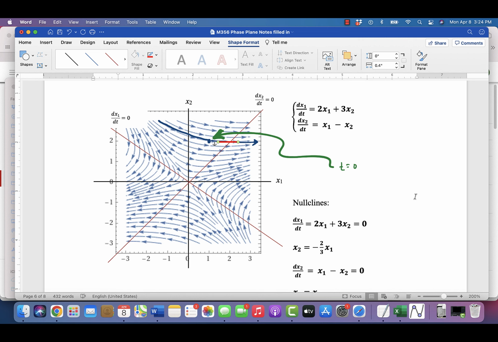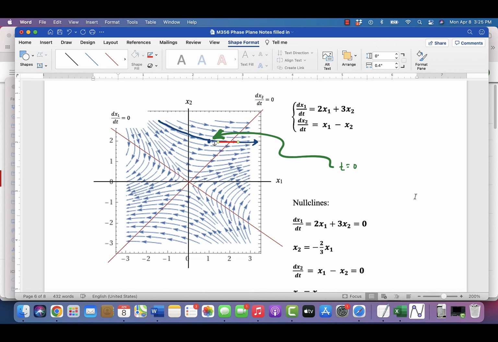Well, the x2 nullcline is where dx2/dt equals 0. What we mean by that is the rate of change of the vertical variable is 0 right at that point. Meaning right at that point, we're neither going up nor going down. It's basically a turnaround point.